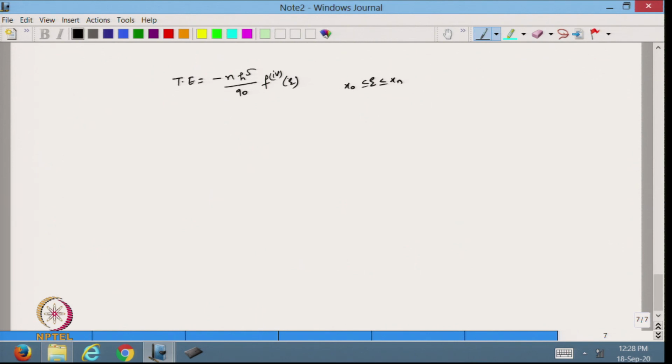We choose the maximum error in any of the intervals first and then multiply by n. That will be taken as the total error. So this is basically the upper bound for the total error in the Simpson 1/3 rule. This is the formula for the total error.